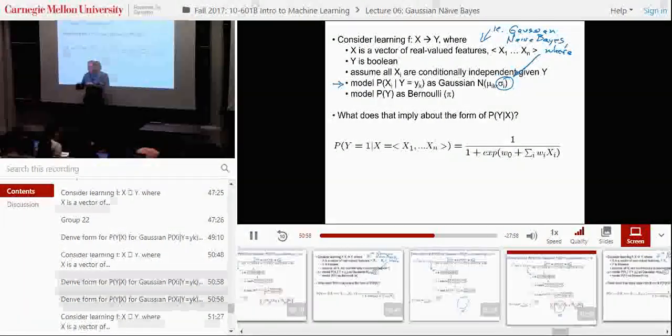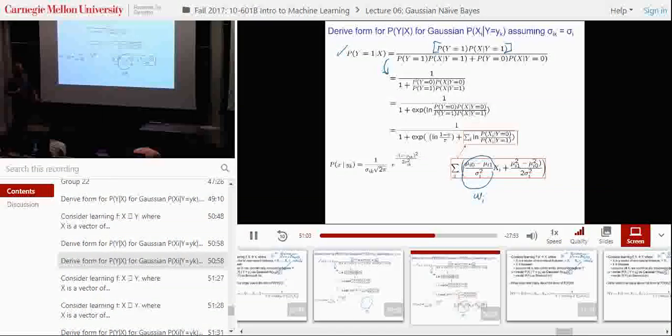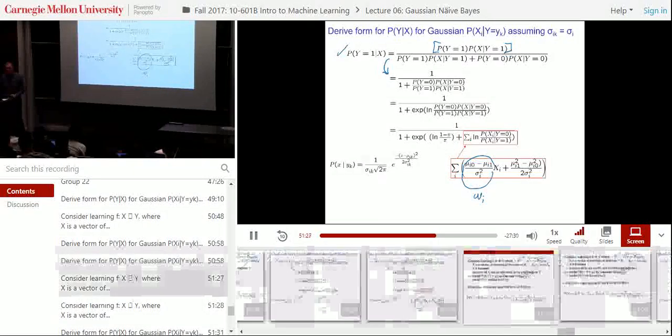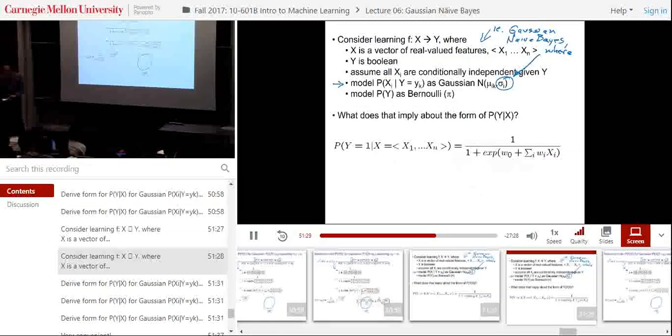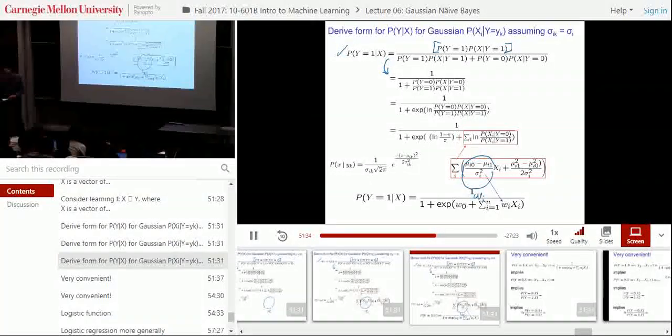And the w0 is just the sum of all those other constants. w0 is the sum of this constant plus the sum over i of all those constants. Okay? So there's the simple derivation of what is the functional form of y equals 1 given x. It is indeed 1 over 1 plus exponential of some weighted linear sum of the features of x.